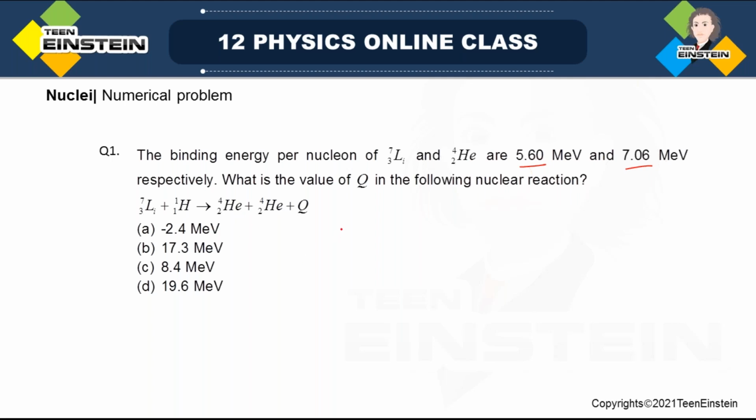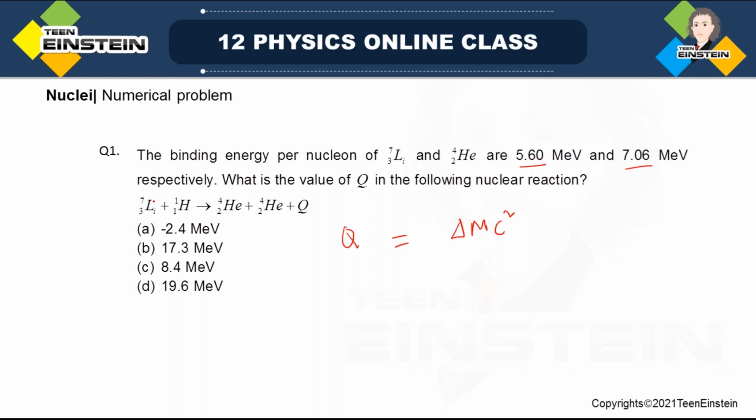You know, Q value is calculated as delta M into C square, because in this kind of reaction, the reaction product has lesser mass than the reactants, or sometimes these are called the parent nucleus.